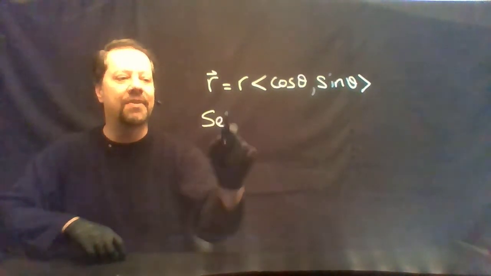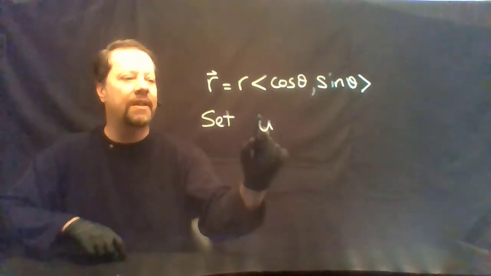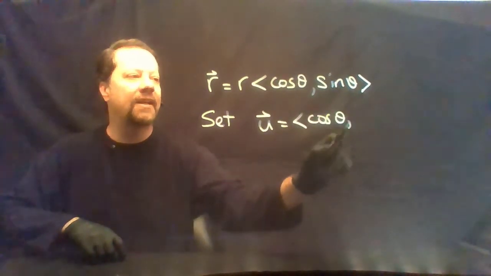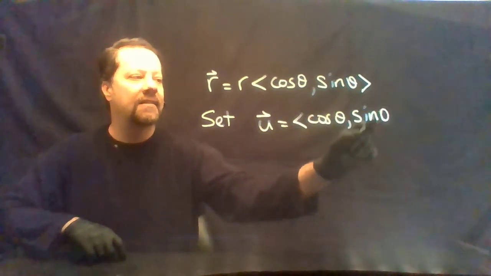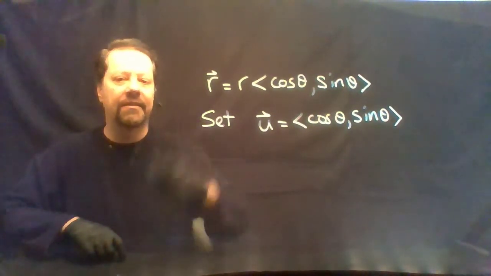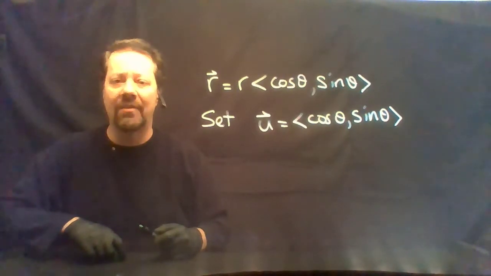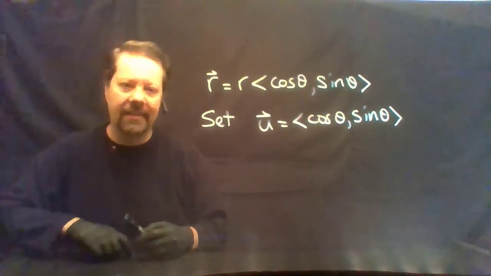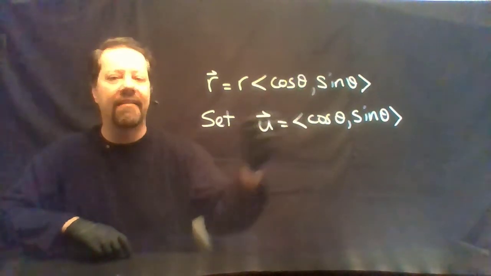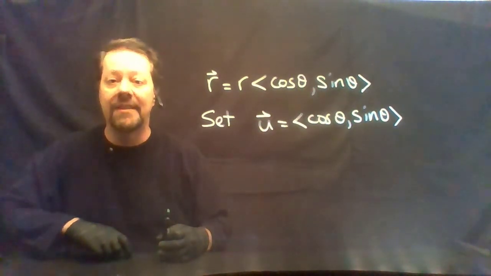But we're going to introduce a new notation. We're going to set u to be the unit vector cosine theta, sine theta. Keep in mind that if this position vector really is the position of a planet orbiting the sun, with the sun at the origin of a coordinate system, then both little r and theta are functions of time.